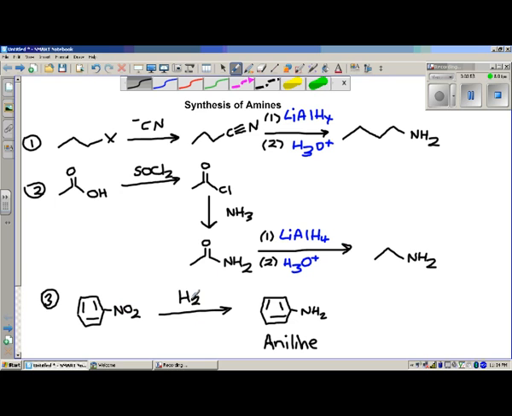So you throw in your nitrobenzene, you're throwing some hydrogen gas, but you need a catalyst. And usually it's some sort of palladium on carbon. I'm just putting the word catalyst in brackets here, just so you can understand that the palladium over carbon is a catalyst. So that's three ways that you've seen before to make amines.